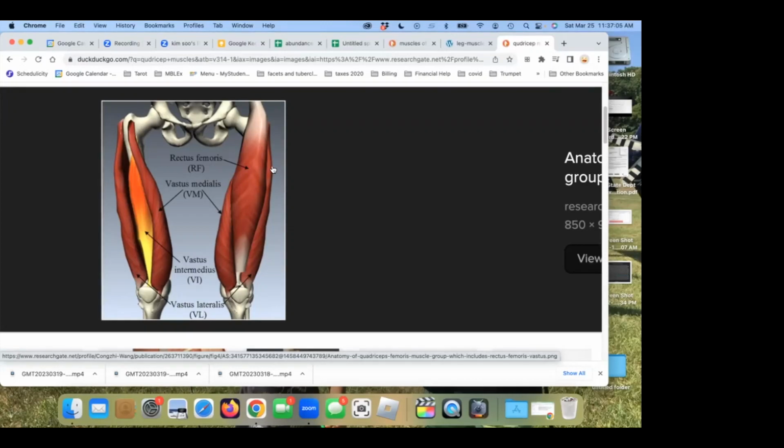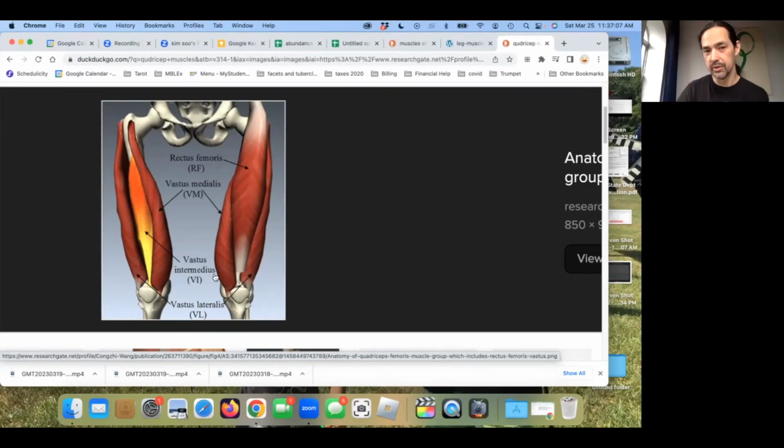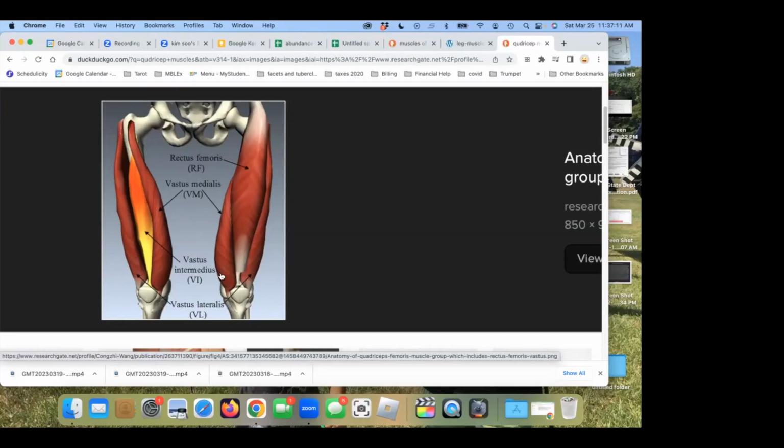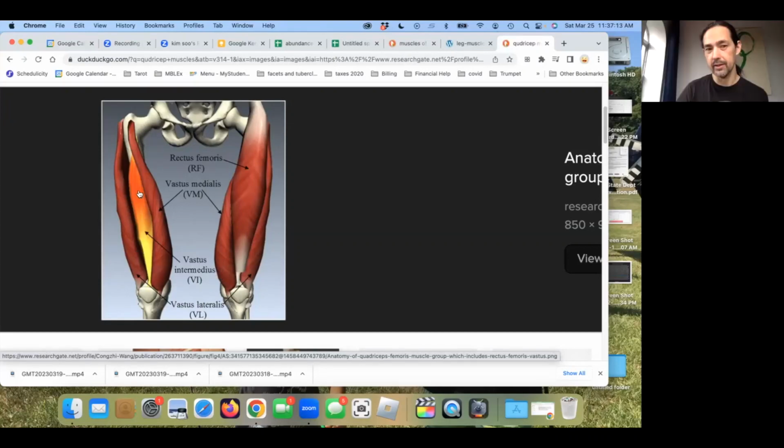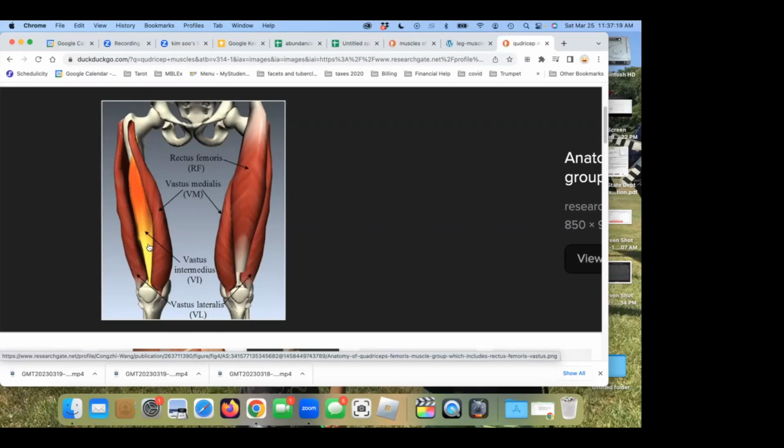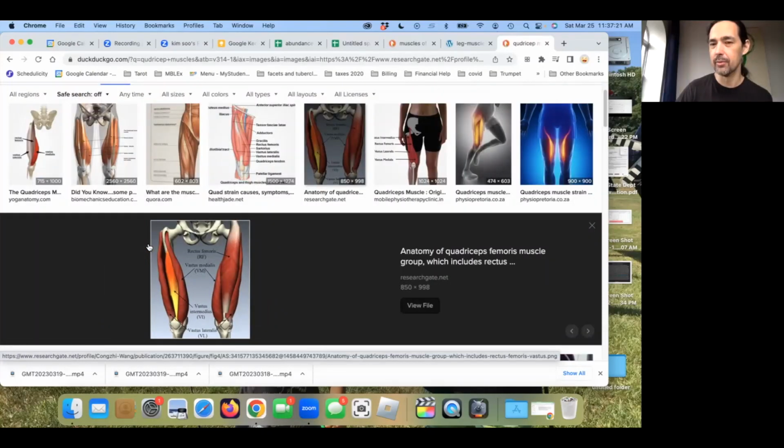Vastus lateralis. Yes, and now someone else. What's on the medial side? Vastus medialis. Good, and then the one in the middle is the vastus what? Intermedius. Seems like you guys have that pretty good. Okay.